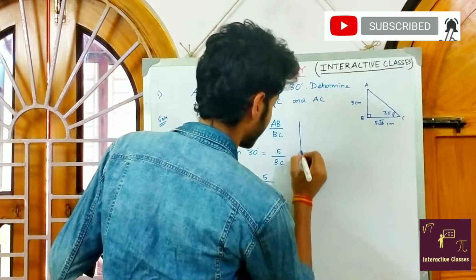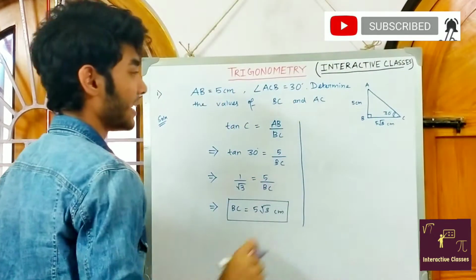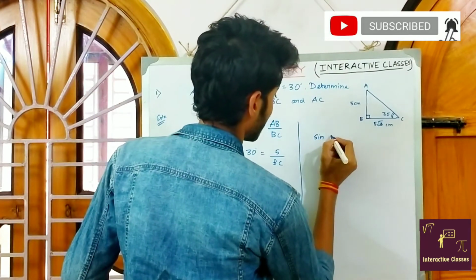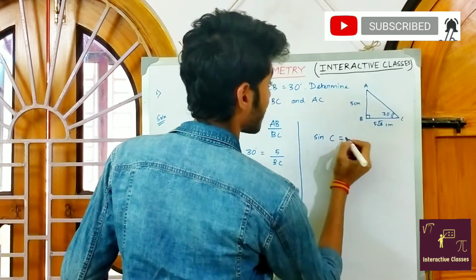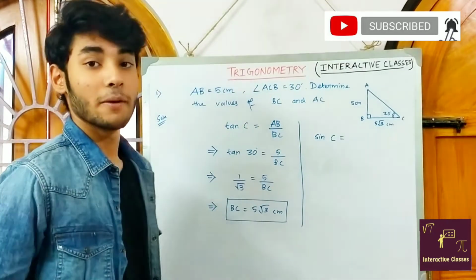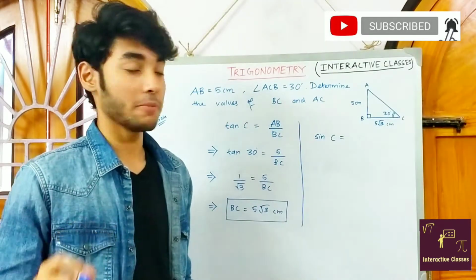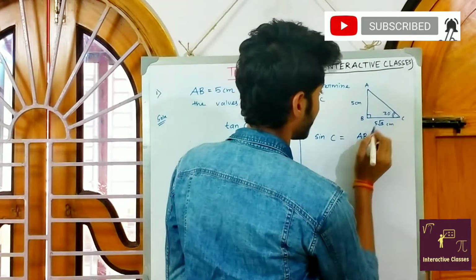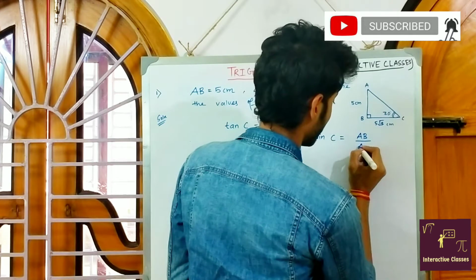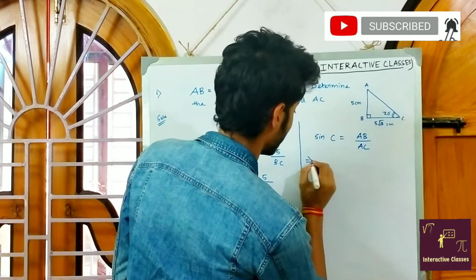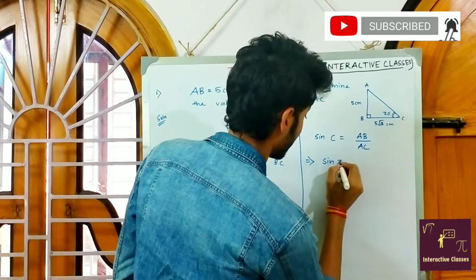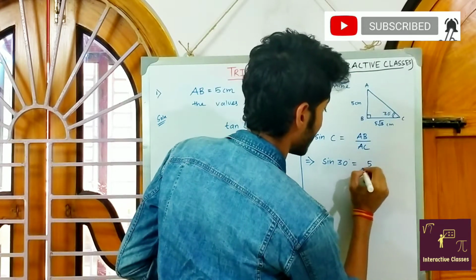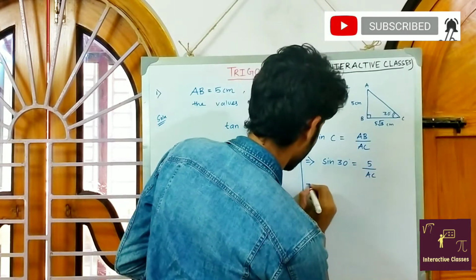Now let us write sin C. We know sin is P by H, that is perpendicular by hypotenuse. So perpendicular is AB and hypotenuse is AC. So sin C, where the angle C is 30 degree, equals AB, which is 5, over AC, which we have to find out.